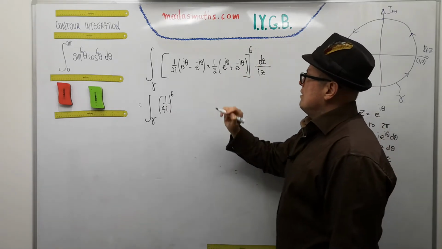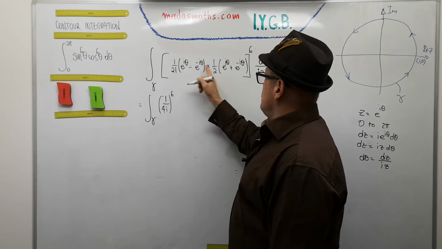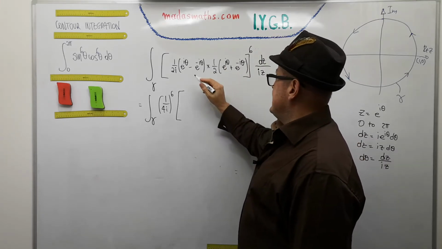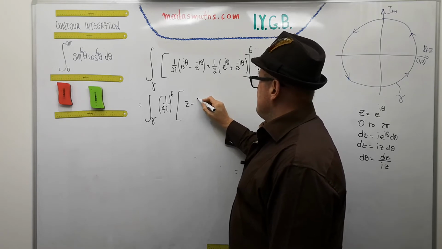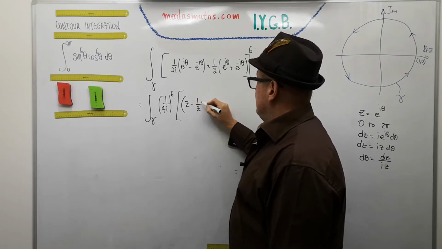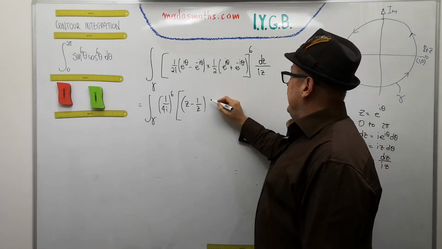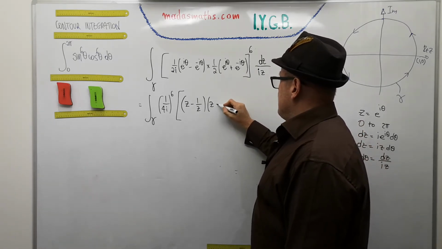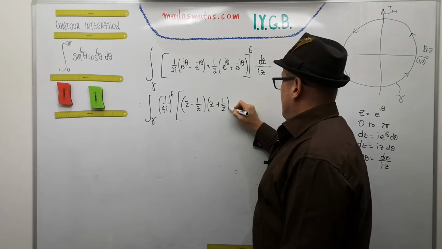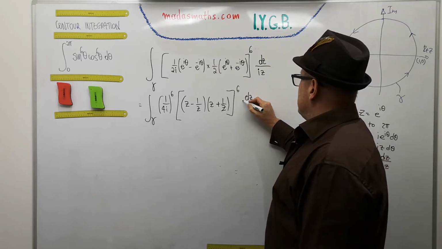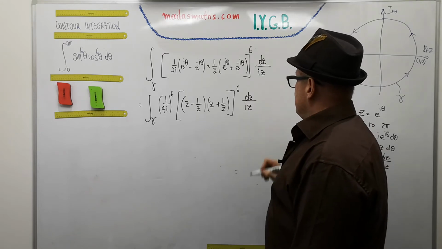I'm going to pull it outside this bracket, and these two brackets still inside the big square bracket to be powered to the 6 is going to be z minus 1 over z, because of course e to the minus i theta will be 1 over z, and the other one's of course exactly the same but with the plus, and still all to the power of 6, and we got extra bits here, the iz.